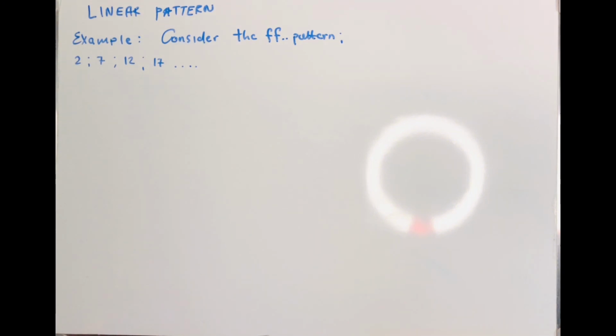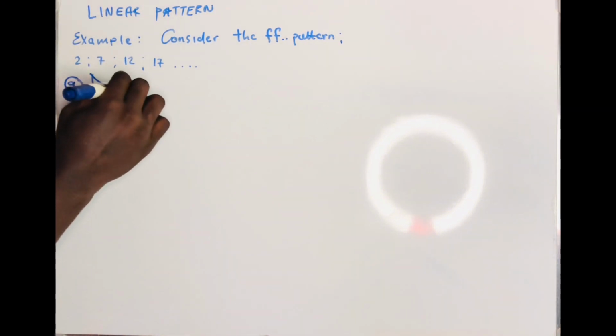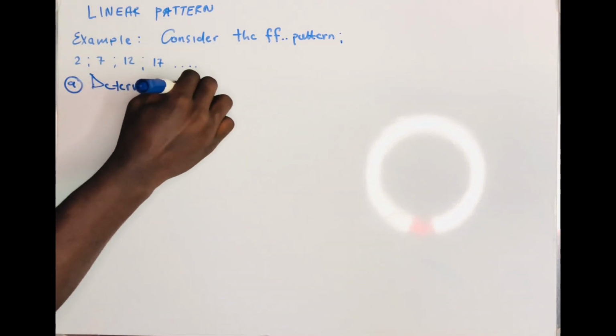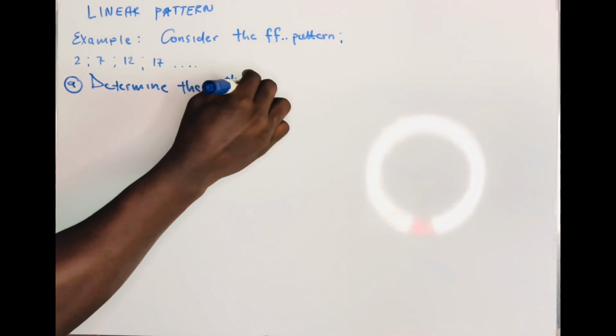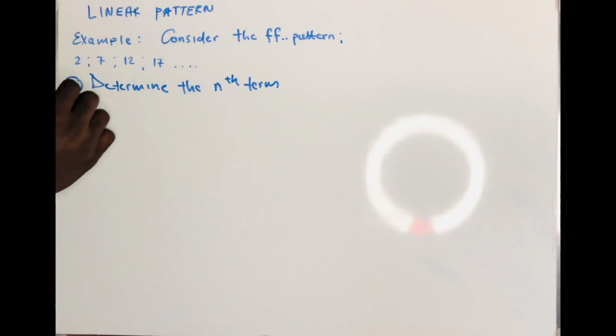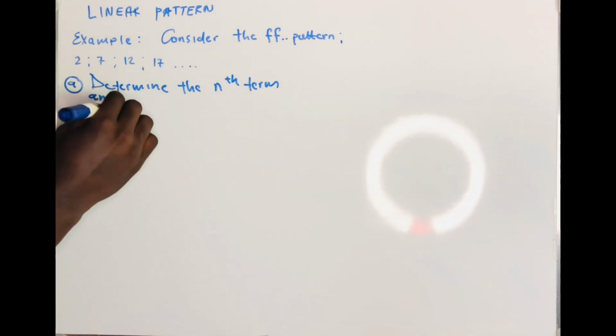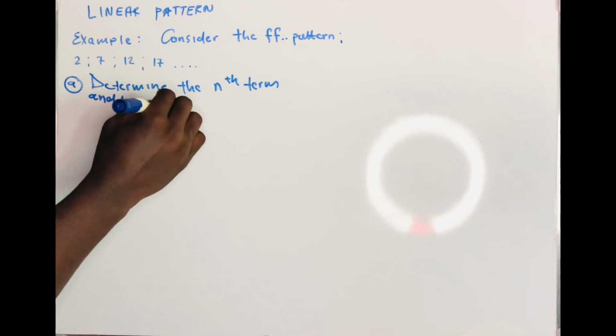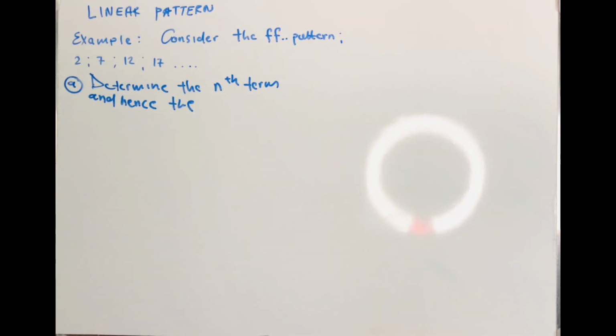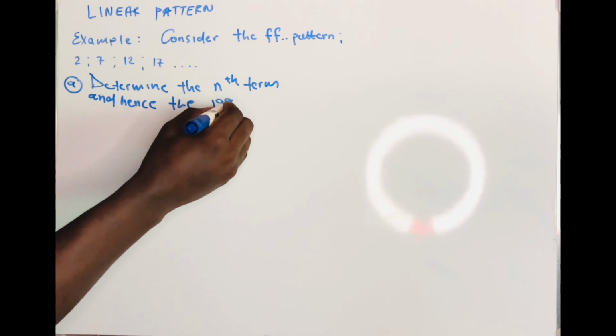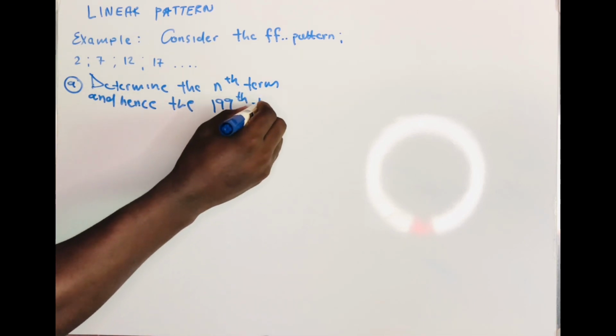Let's continue. The first question that you will get, it's not always the first question, but a question that you will normally get is that they will ask you to determine the end term and hence the 199th term.